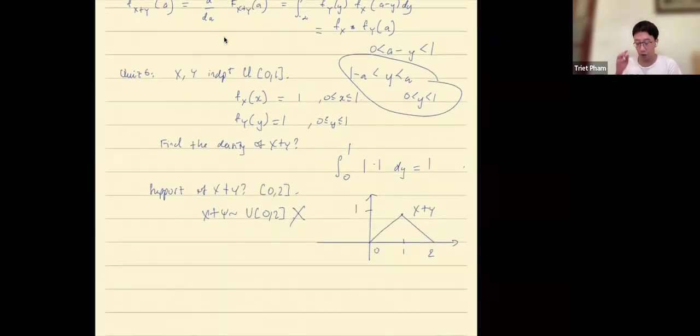Now, while we're on that topic, let's comment on why this is the answer rather than uniform. This has a lot to do with knowing what the density says. So why would this make sense for the sum of two uniforms? What does this say? They call it the tent, right? Like a tent shape.